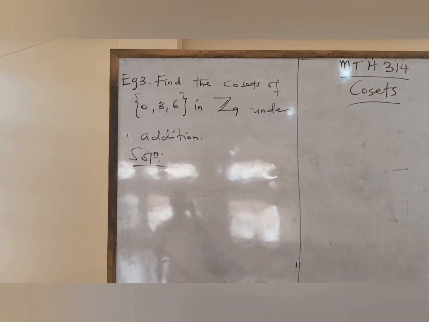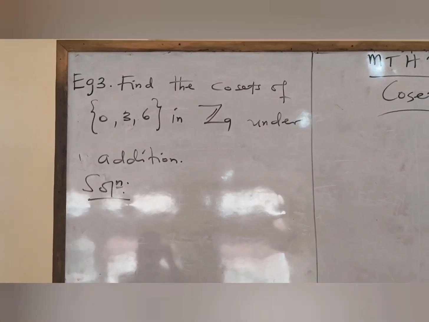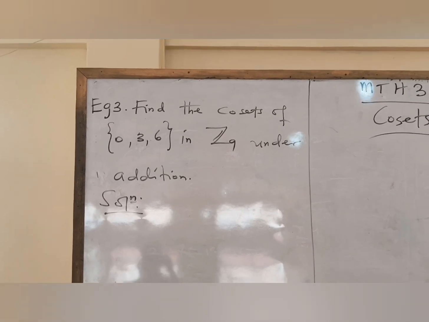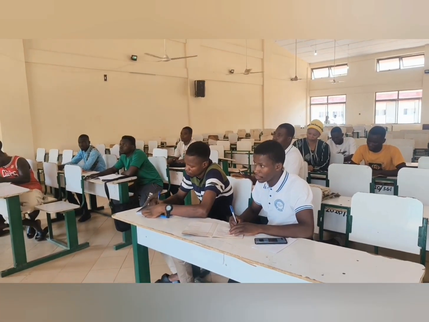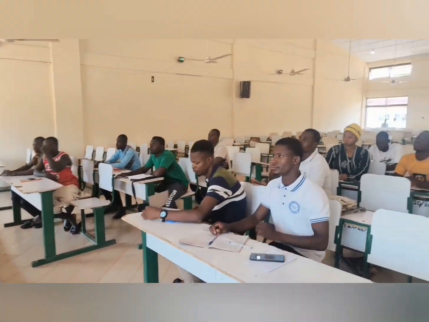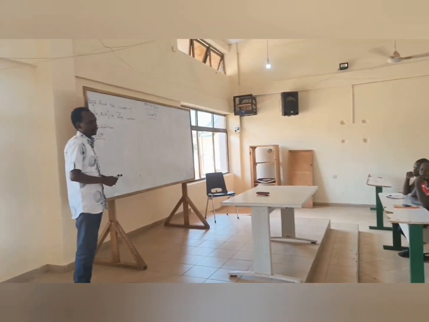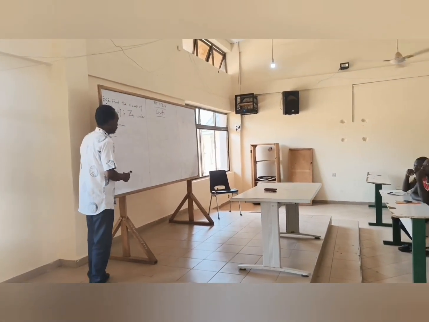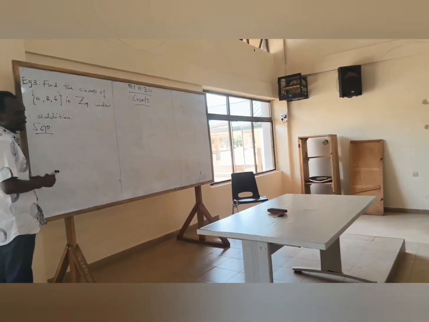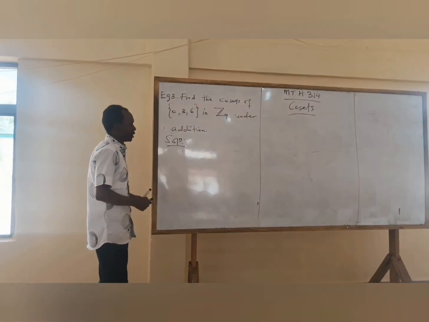Find all the cosets of this subset of Z9. So we want to find all the cosets of this subset of this bigger set Z9.